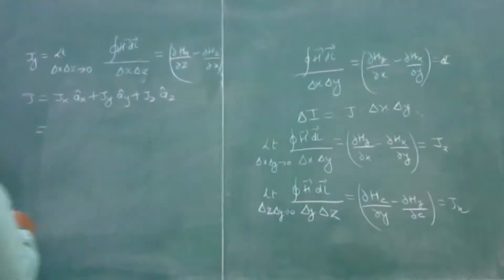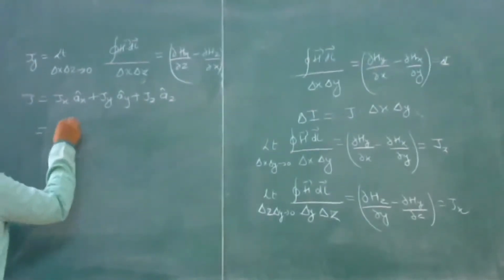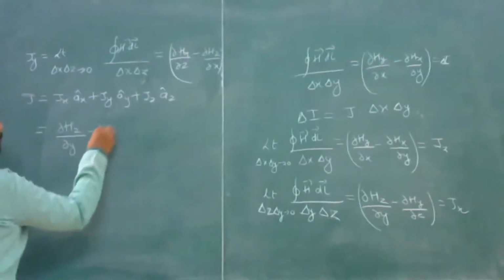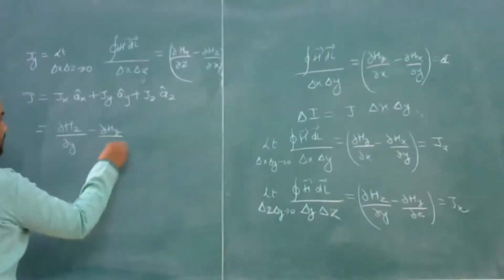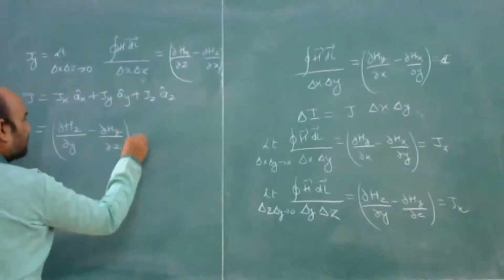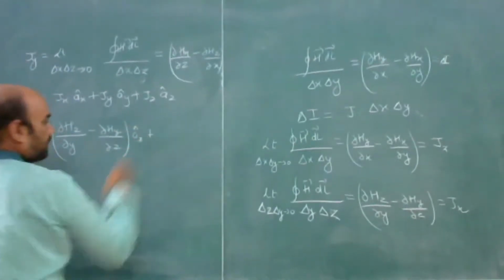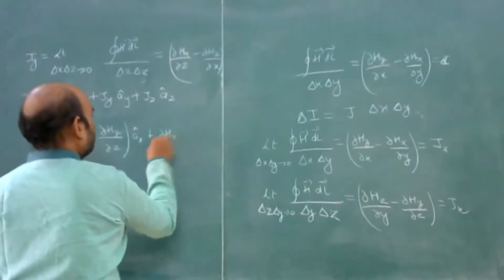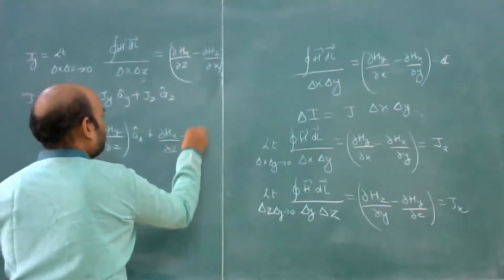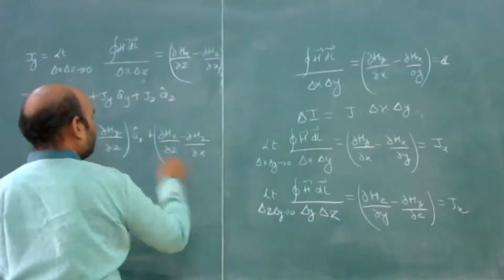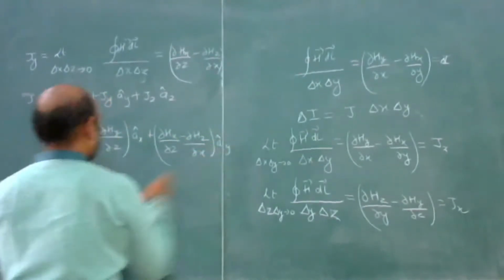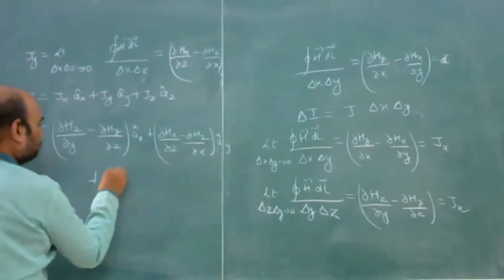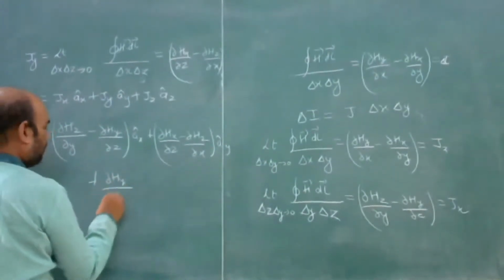So this will be equal to this much Ax plus Jy is this much plus Jz is this much.